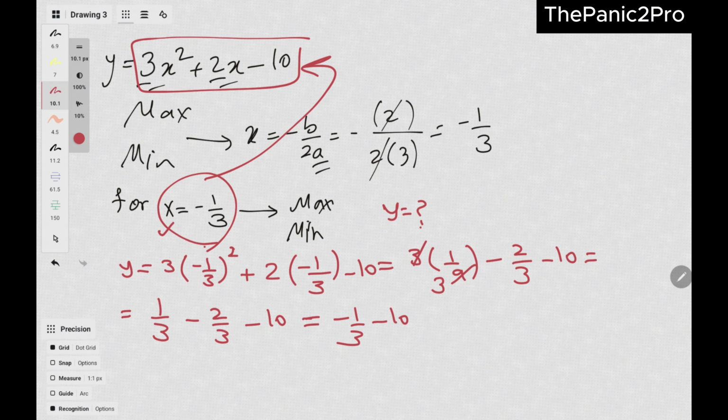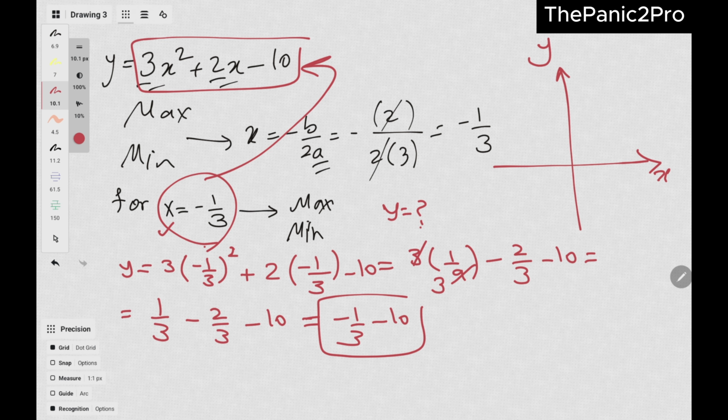minus 10. So we know this is a negative number, right? If I want to plot that x and y, the pair is going to be x minus 1 over 3 and y, and my y is this. I can simplify that a little bit.